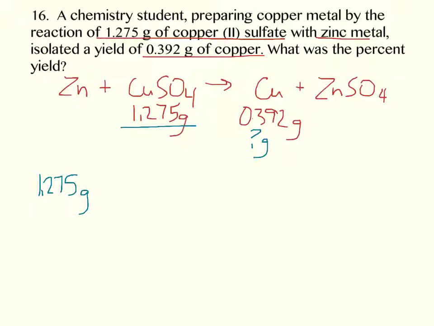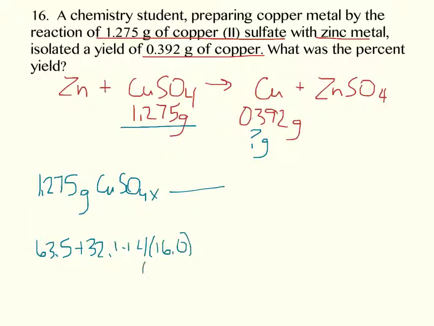So 1.275 grams of CuSO4. Now let's see, copper 63.5 plus sulfur 32.1 plus 4 times oxygen, which is 64, makes a total of 159.6 grams of CuSO4 for every 1 mole.